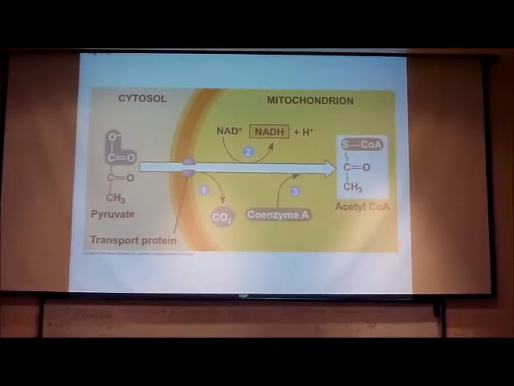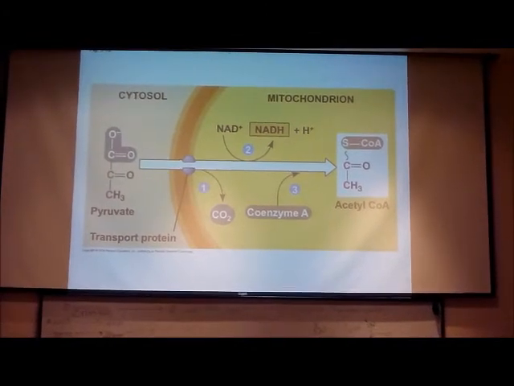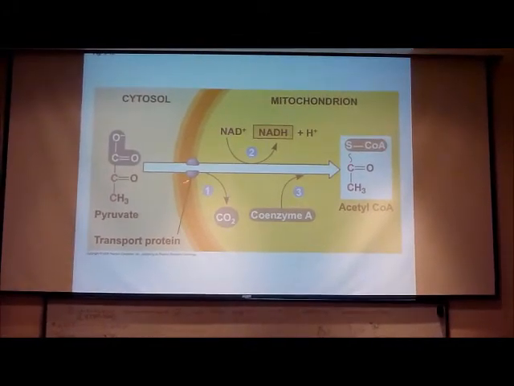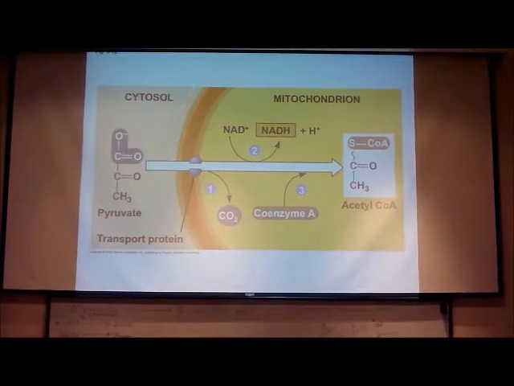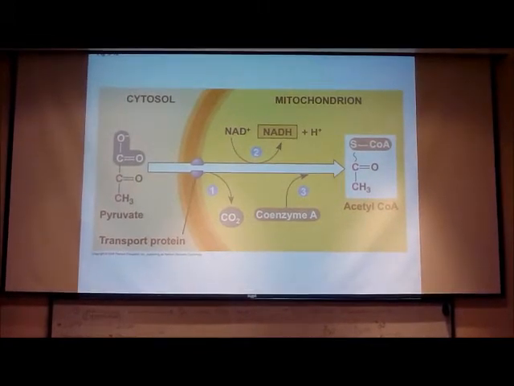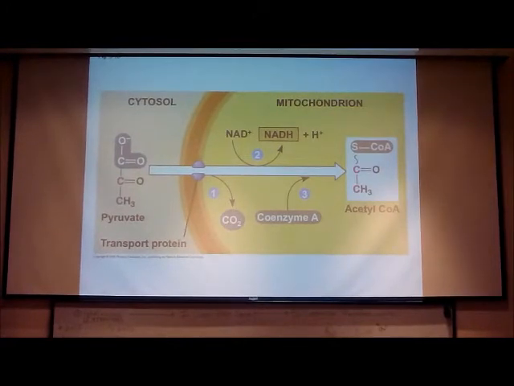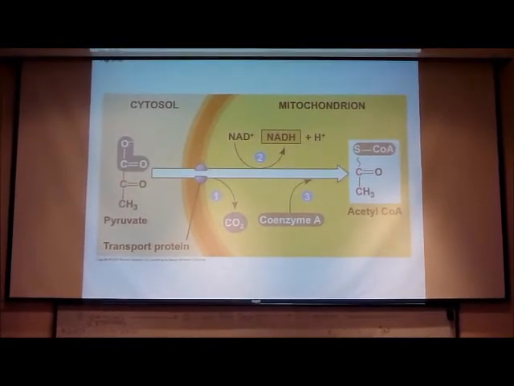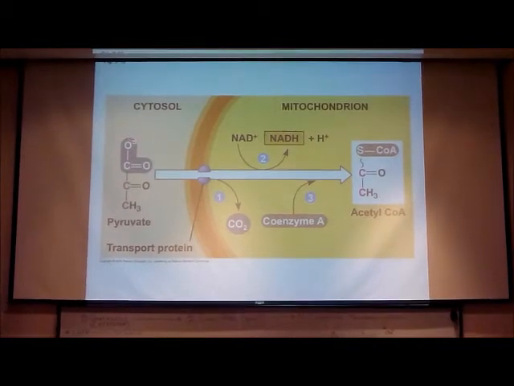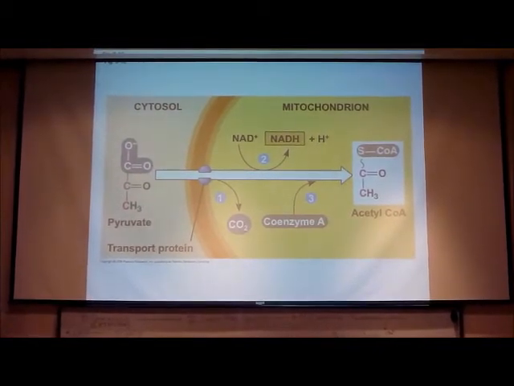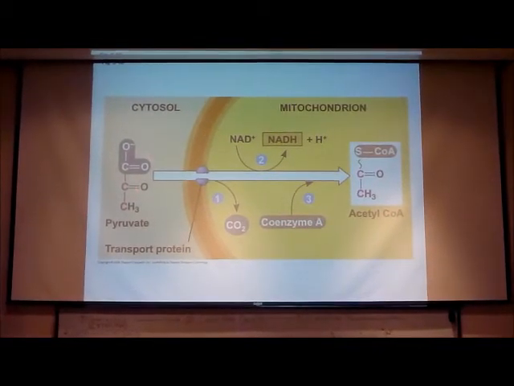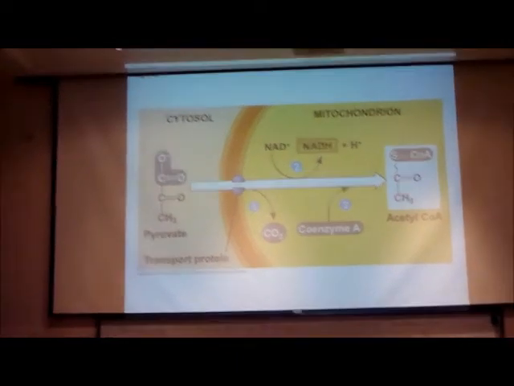Okay. So we're going to take pyruvate, a 3-carbon compound, and as we move it from the cytosol into the mitochondria, it's going to move through this transport protein, and as it does, we're going to remove a carbon dioxide, so this CO2 here is going to go away. It's going to be removed from the pyruvate.